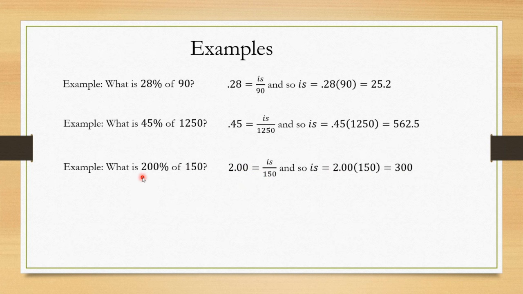Like 100% on the test, you got everything. 200% would be double. If I asked for 300%, then instead of 2, I would have a 3 here. So I really hope you get the idea from that.